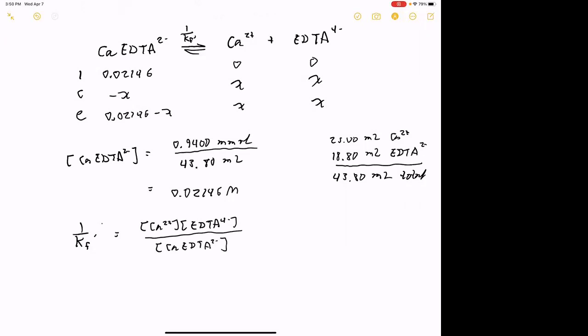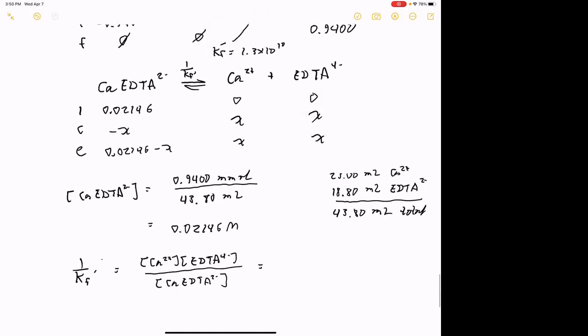Are you well into equilibrium and dynamics yet? Okay, good. So what was 1 over KF prime? That's going to be 1 over 1.3 times 10 to the 10th, which I got from upstairs. And that turns out to be 7.7 times 10 to the minus 11. So a really tiny equilibrium constant.